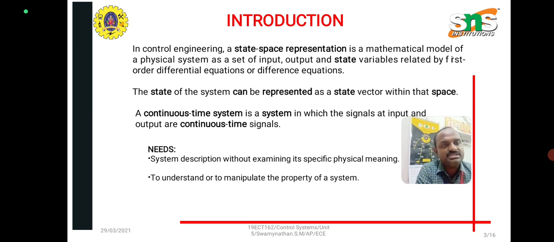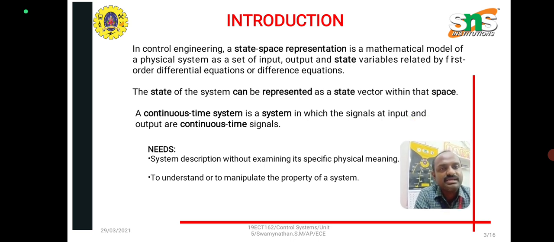The state of the system can be represented as a state vector within that space. The CT system signals as inputs and outputs are called continuous time signals. The need is system description without examining its specific physical meaning, and to understand or manipulate the properties of the system.